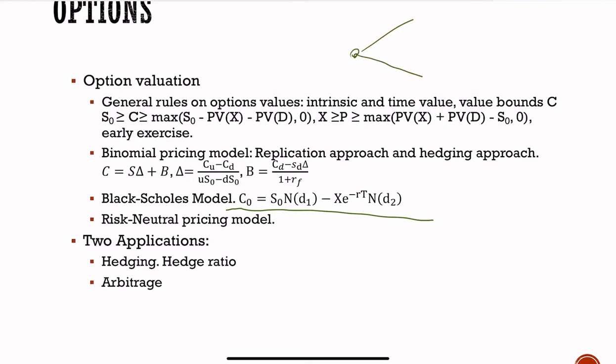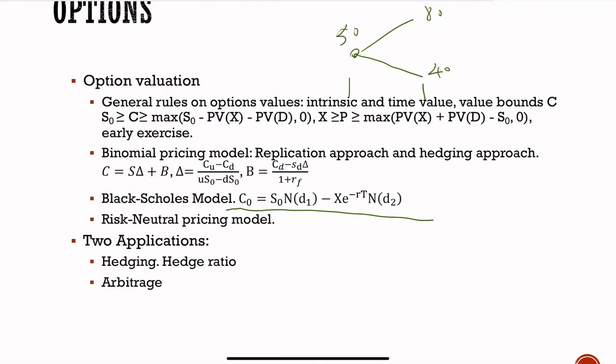Such as if today's price is 50, tomorrow is 80 or 40. And then based on this assumption, we can use two kinds of approaches to find out the value of a call option. That is replication approach and hedging approach.